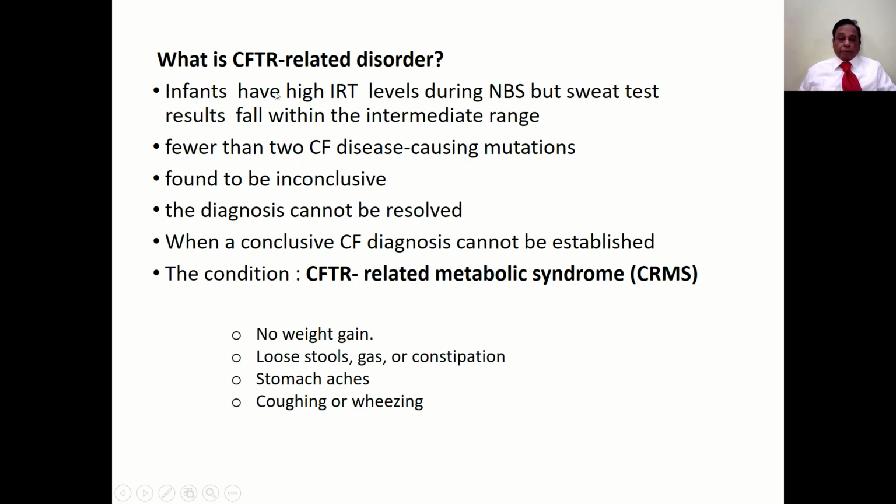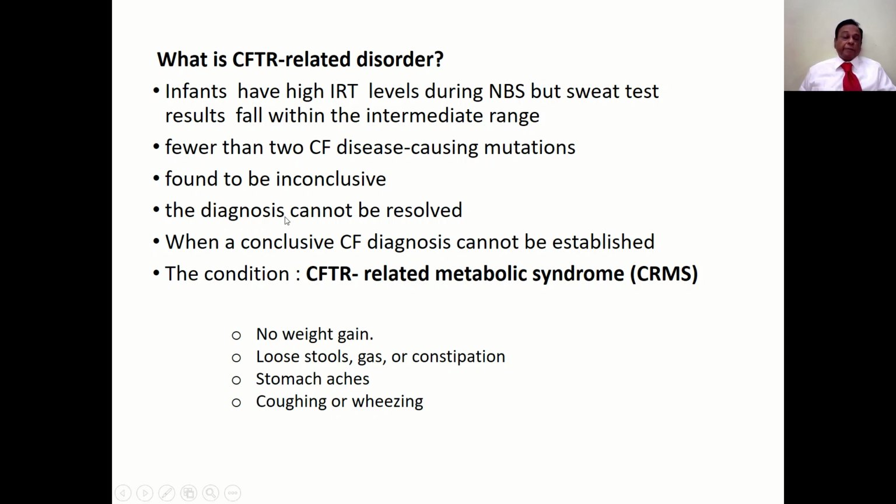Coming to another important question: you are not able to make a diagnosis of cystic fibrosis even with screening, newborn screening or sweat chloride. That is a very difficult situation. Only the clinical presentation is suggestive. Then what to call it? You are not in a position to make a genetic diagnosis, or even after genetic studies you are not making a diagnosis.